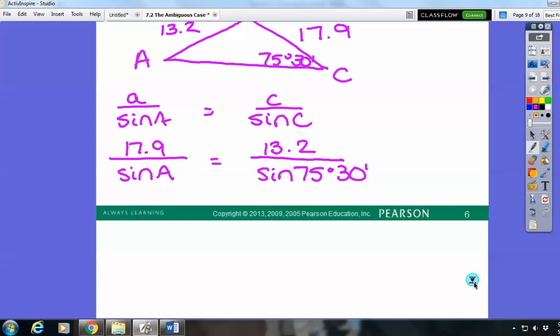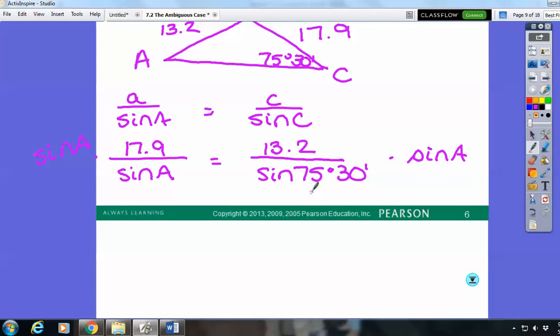Okay, if I asked you to solve this, we would have to multiply over our denominator. If you multiply over sine A, then we're going to have to divide over this big fraction.